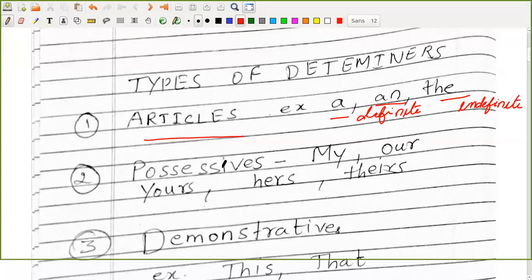Then possessives. Possessives means what? As you can see in the examples: my, our, your, her. Possessives show belongingness. Then you have demonstratives.